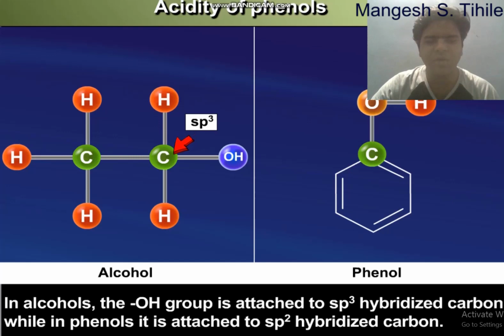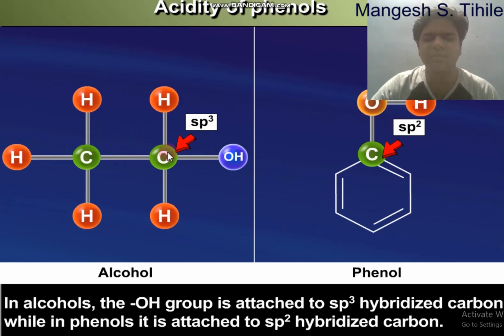In alcohol, the hydroxy group is attached to an sp3 hybridized carbon atom, whereas in phenol, the hydroxy group is attached to an sp2 hybridized carbon atom. The sp2 hybridized carbon atom in phenol is more electron deficient and withdraws electrons from the oxygen of the hydroxy group.